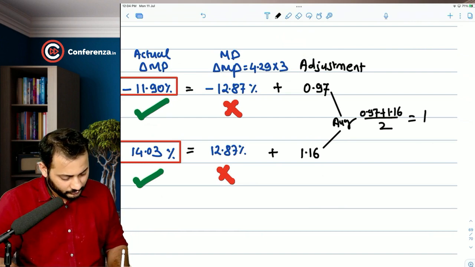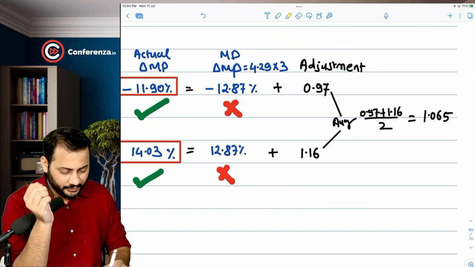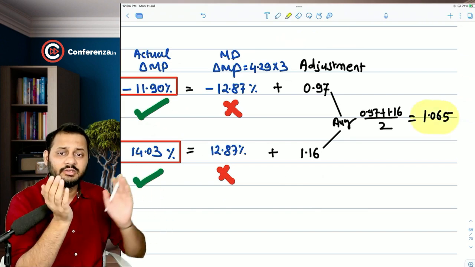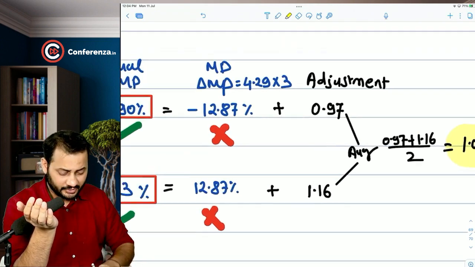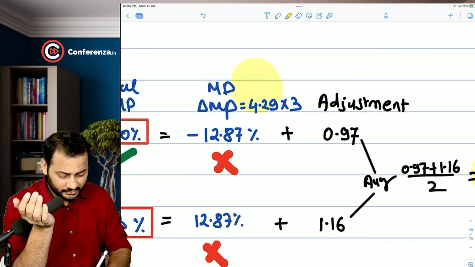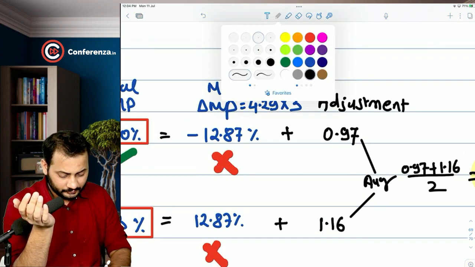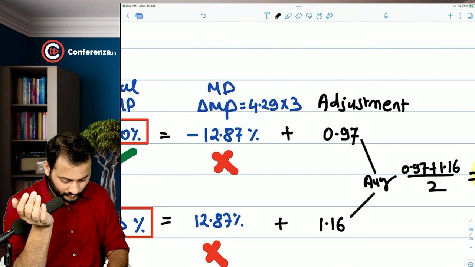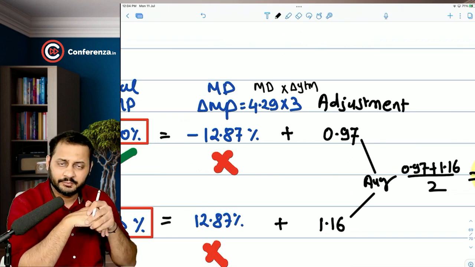That comes to 1.065. This is going to be our adjustment, 1.065, in the entire modified duration into change in YTM. Have a look. This is nothing but modified duration and this is nothing but change in YTM, if I am right.